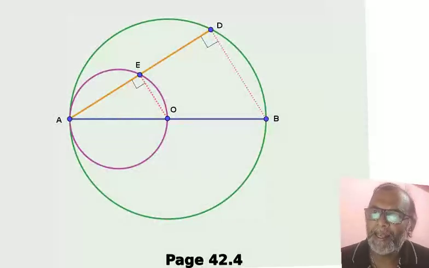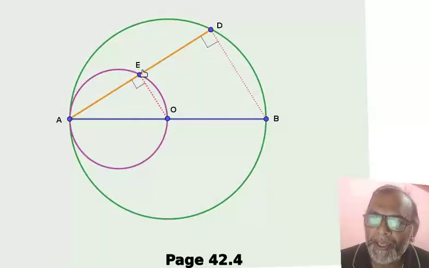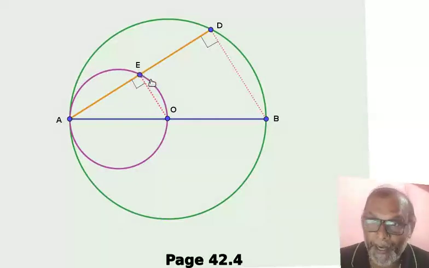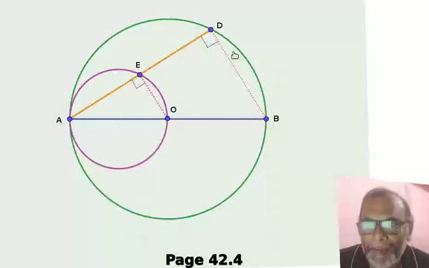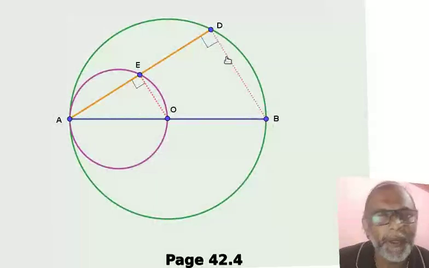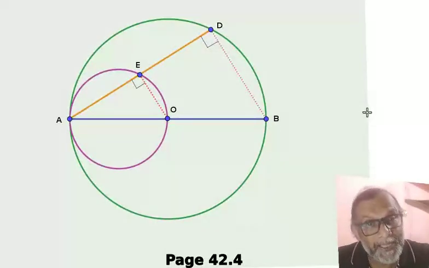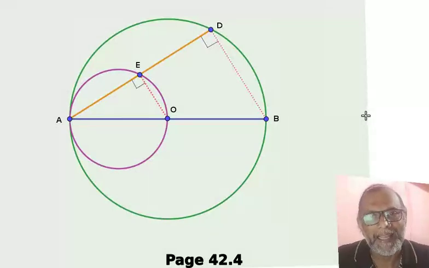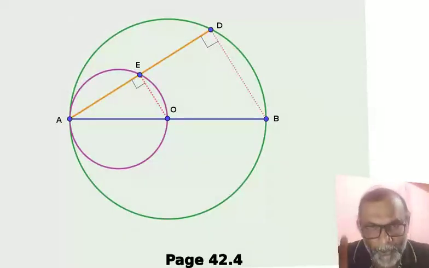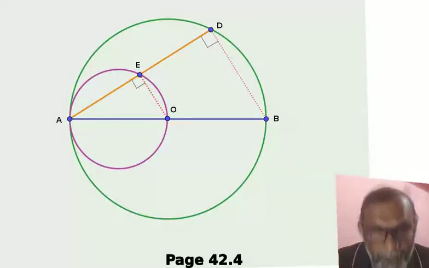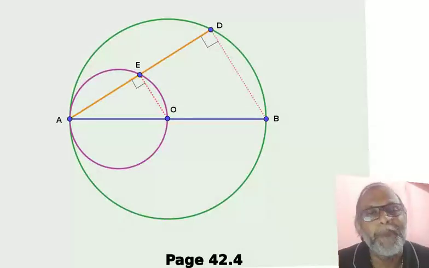See here, the line OE is perpendicular to AD, and line DB is also perpendicular to AD. So if two lines are perpendicular to the same line, then perpendicular lines are mutually parallel.